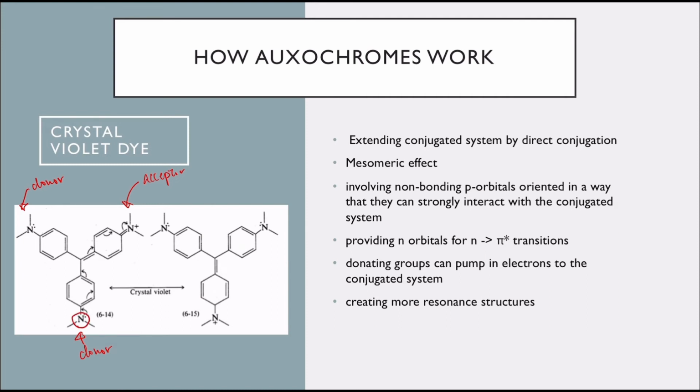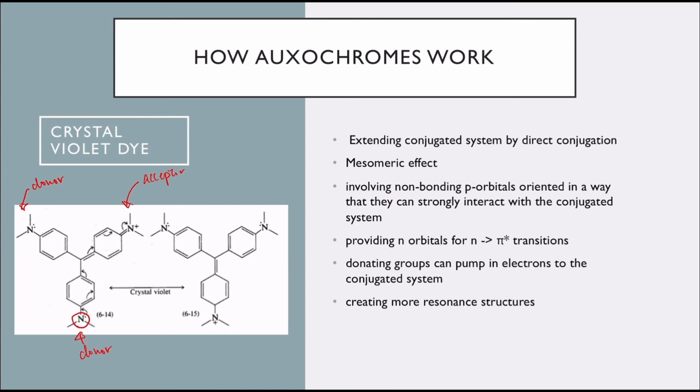The lone pair is located in a non-bonding orbital, which can strongly interact with the orbitals in the conjugated system. This also provides a non-bonding orbital for n to pi star transition, where n stands for a non-bonding orbital and pi star is anti-bonding pi orbital.